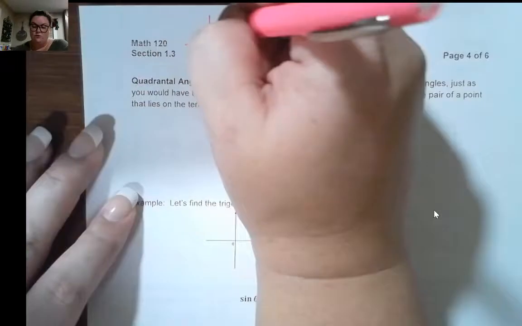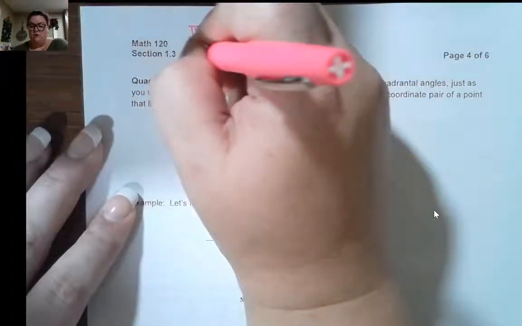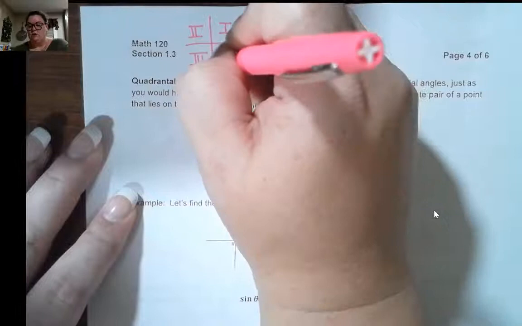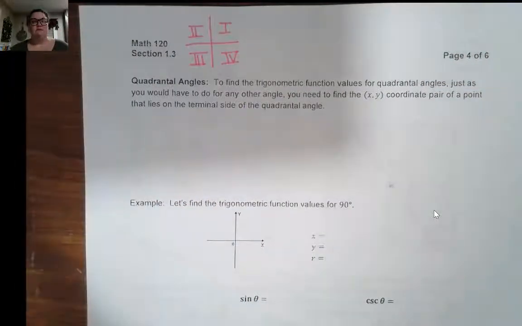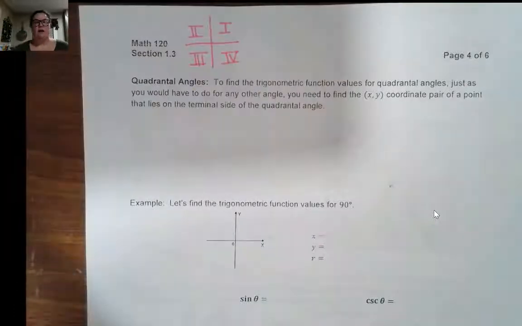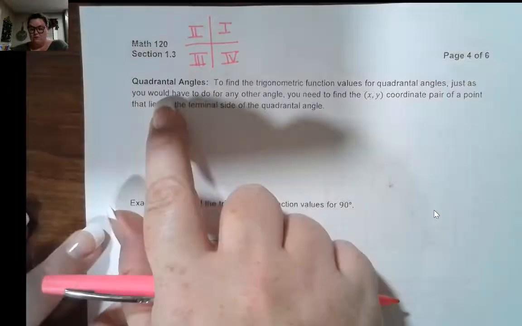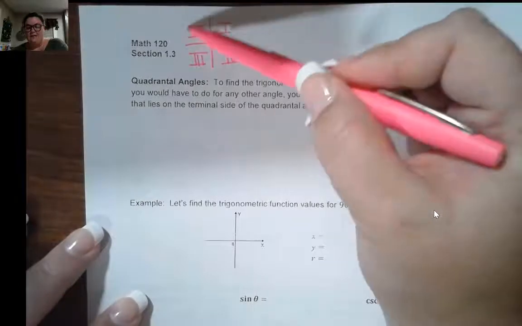This was quadrant 1. This is quadrant 2. This is quadrant 3. This is quadrant 4, right? And we talk about where it falls. If it falls in this quadrant, it has this kind of x value or this kind of y value, right? Now, when we talk about quadrantal angles, basically what we're talking about is not angles that fall within these quadrants.